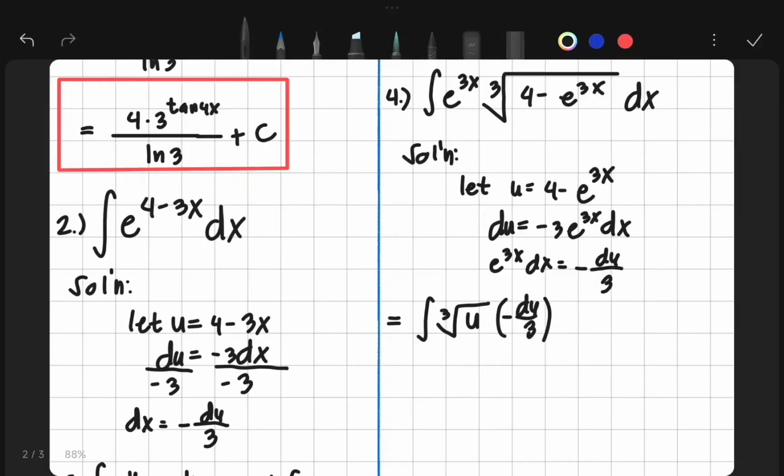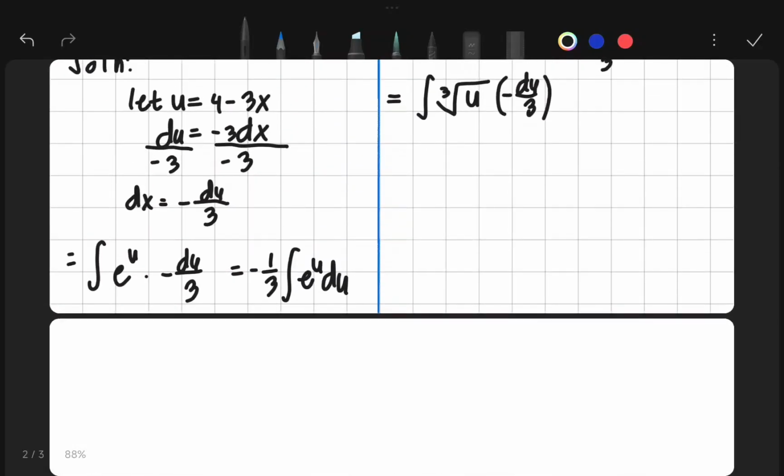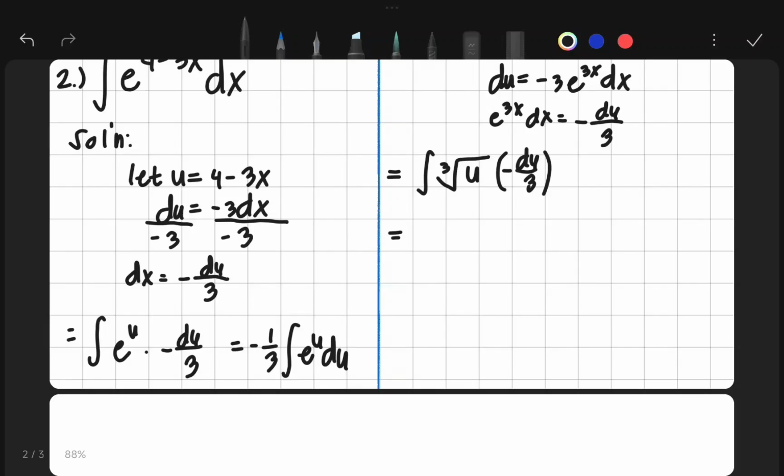I can put the negative 1/3 before the integral sign. So this will become negative 1/3 integral of the cube root of u. We can write that in exponent fraction form, so this will become u raised to 1/3 du.